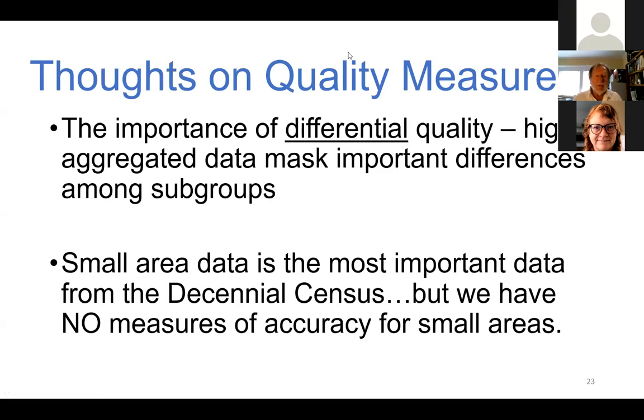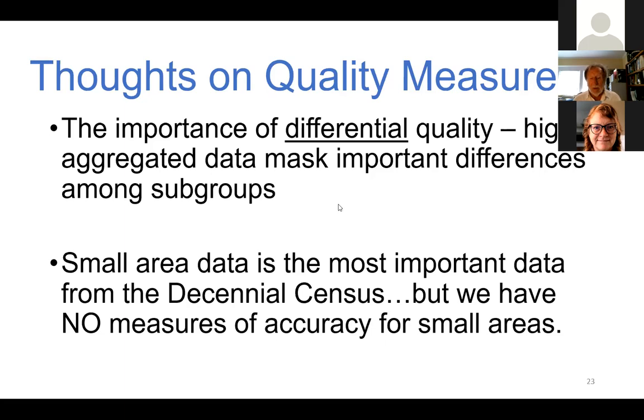Before I get to the distinction, I want to reiterate this point that these national measures of large groups on census quality are really not so important. It's the disaggregation and differential quality that's important, often reflected in differential undercounts. So I think it's important to remind ourselves that these large national measures really don't tell us what we need to know.